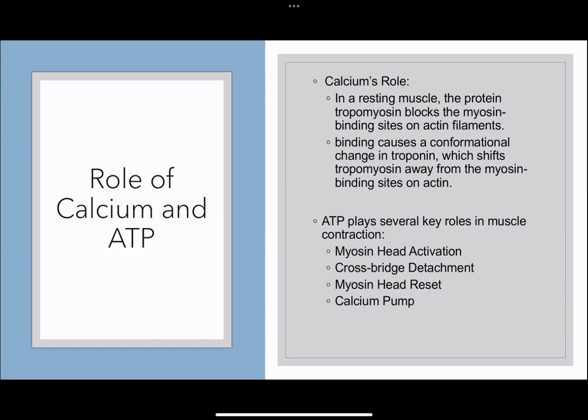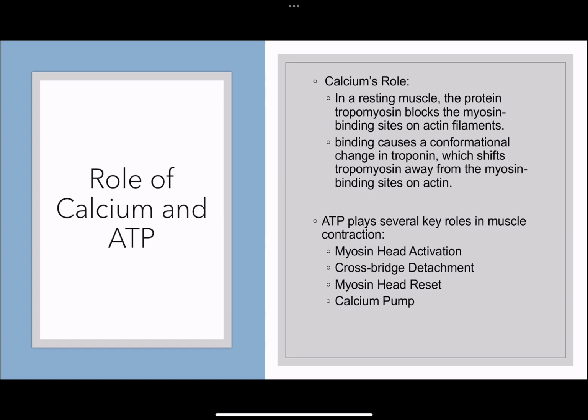Then the cross-bridge detachment. This is another one that ATP has a role in, and this is after the power stroke. ATP binds to the myosin head. This binding causes the myosin head to detach from the actin filament, and without this ATP, the myosin head remains bound to actin, resulting in rigor mortis.